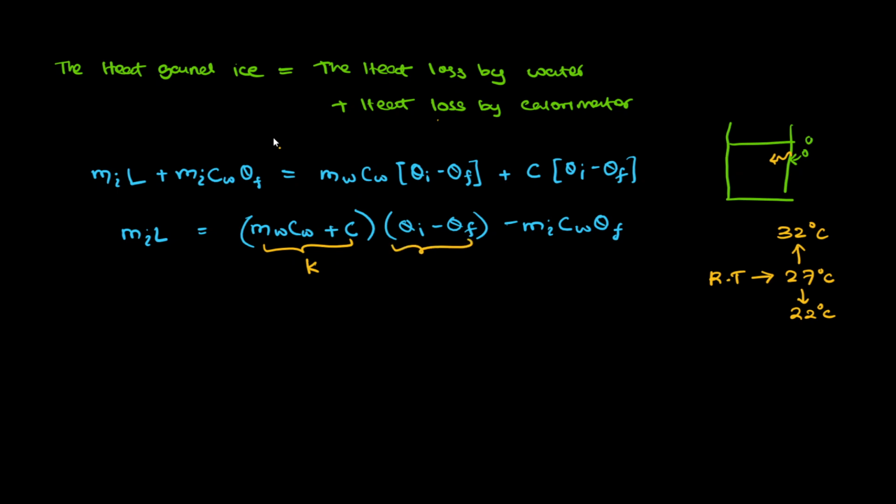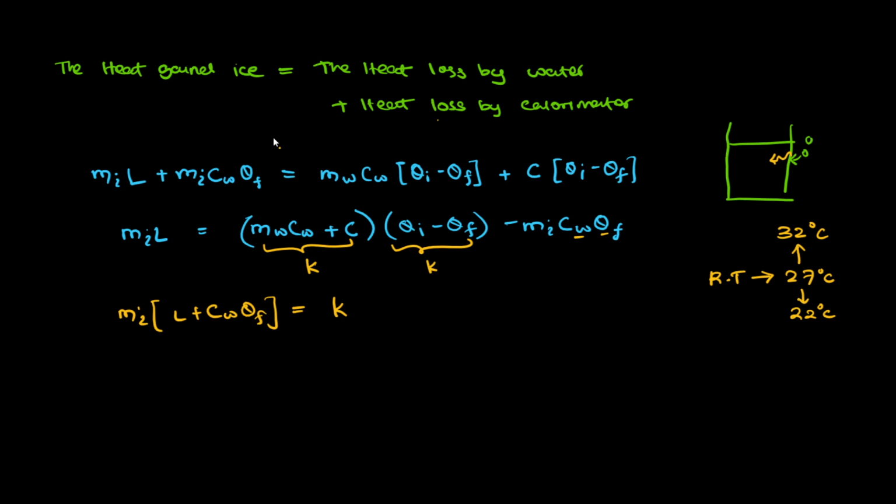Therefore, this is also a constant. Then only the mass of ice is going to change. I'll keep the mass of ice on the other side. So we have Mi L plus Mi Cw theta F is equal to a constant.